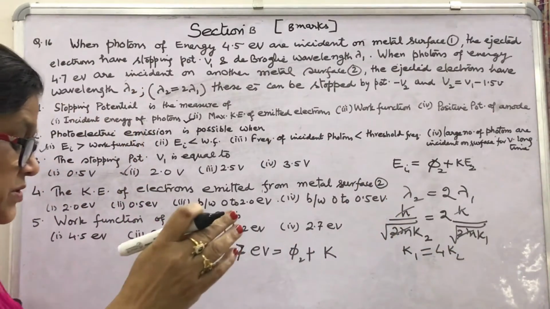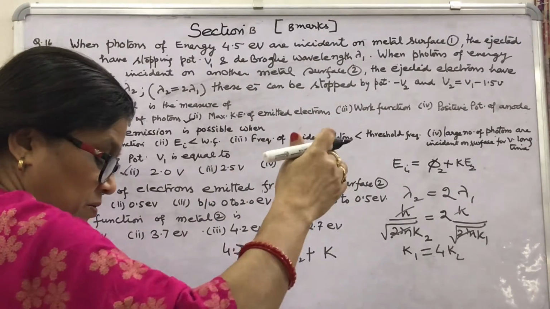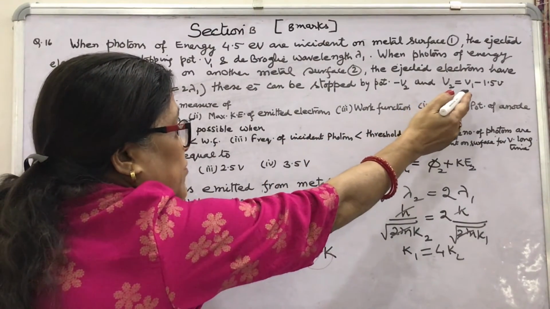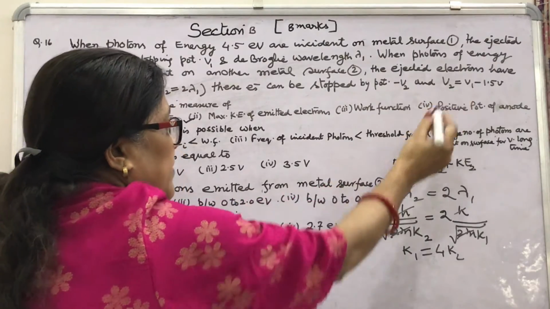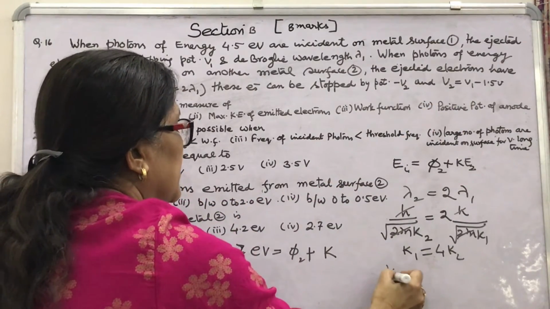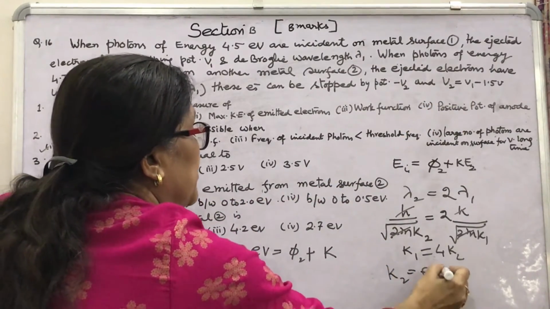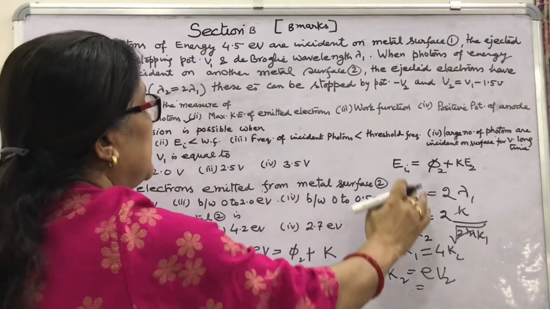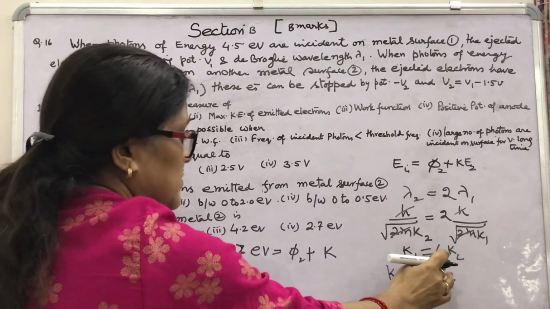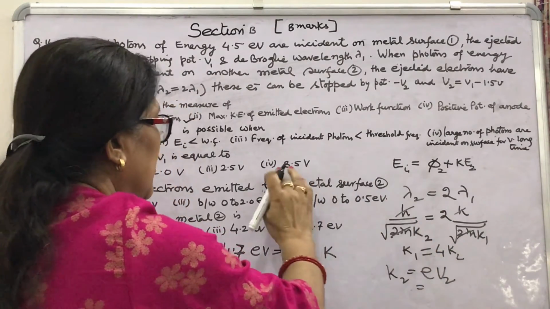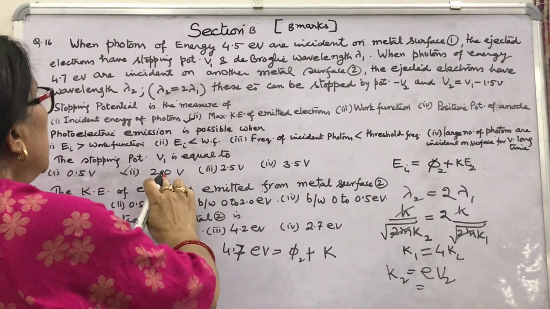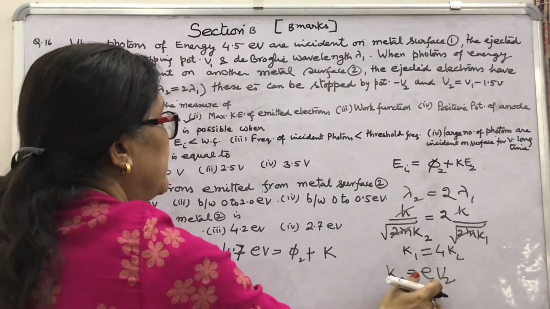So K2 is K1 by 4, and from the relation V2 equals V1 minus 1.5 V, what will be K2? K2 will be eV2, and what is V2 given here? We obtained V2 is V1 by 4. We have got the relation V1 is 2 volt, V1 by 4 is 0.5.